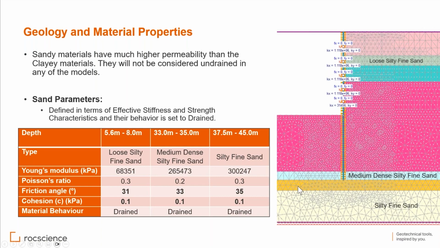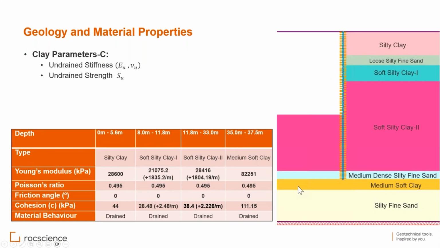these sandy materials. But for clay materials, I'm using all three options that I gave you, A, B, and C. For the case that we have clay parameters, undrained material C, we will be using undrained stiffness characteristic and undrained strength characteristic, SU. So these are the parameters that I'm using here.